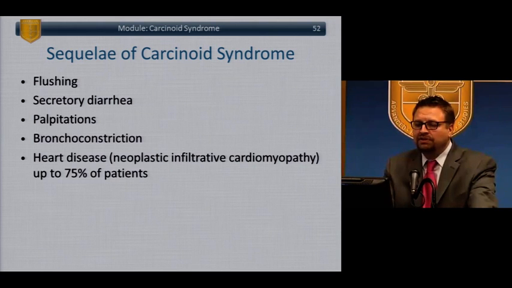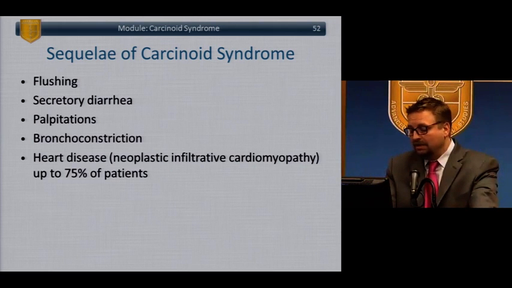Patients who have carcinoid syndrome, as we know, will have flushing. They'll have rapid onset of secretory diarrhea, heart palpitations, bronchoconstriction, and heart disease, as in the opening case, because these patients have an infiltrative cardiomyopathy, and that can be common in up to 75% of patients who have long-standing disease, and this is one of the causes of death related to heart failure.